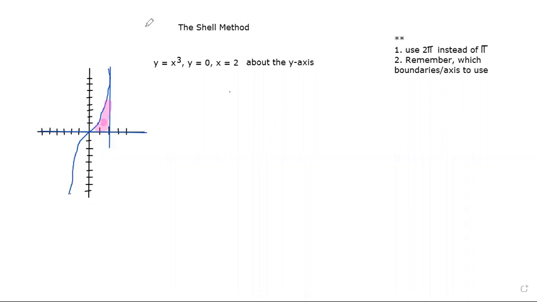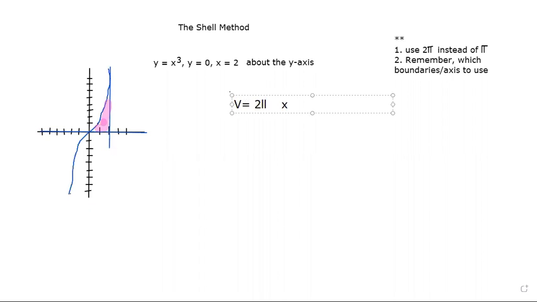All right. So now the first thing we want to do right here, once again, we want to come back to the formula. Now the formula is V is equal to 2π, then we have the integral, and then remember that is x times f of x.